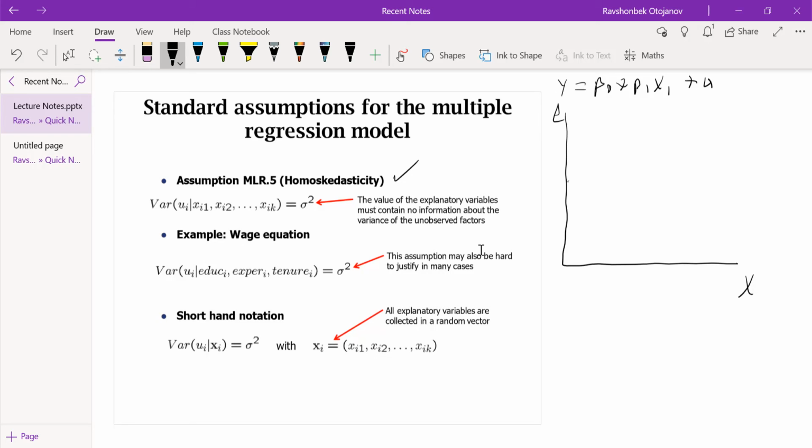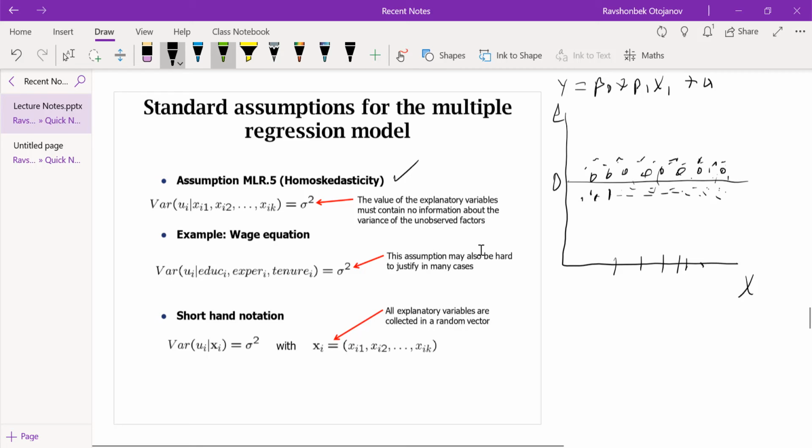We expect the errors to have a value of 0 here. As the x values change, we assume that OLS generated errors, I should say residuals in this case, are basically constant.